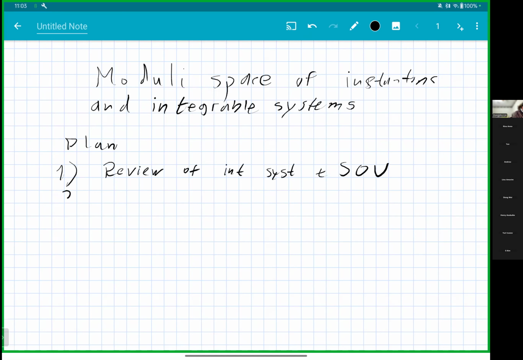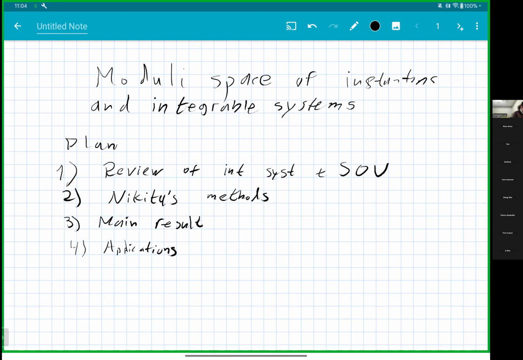Then a brief review of Nikita's methods, the moduli space of instantons, and then I will state the main result. The fourth point was applications of the main formula, but I don't know whether we'll have time to get to it. Okay, so let me start.